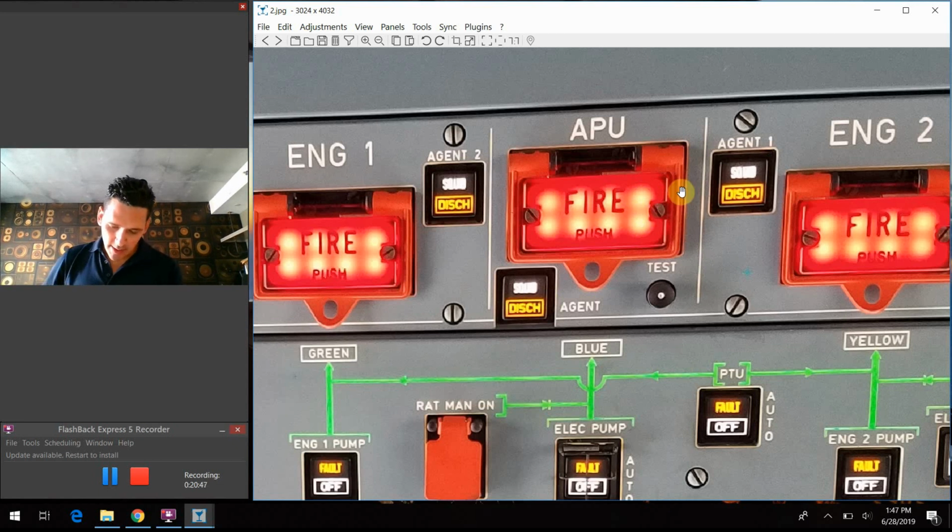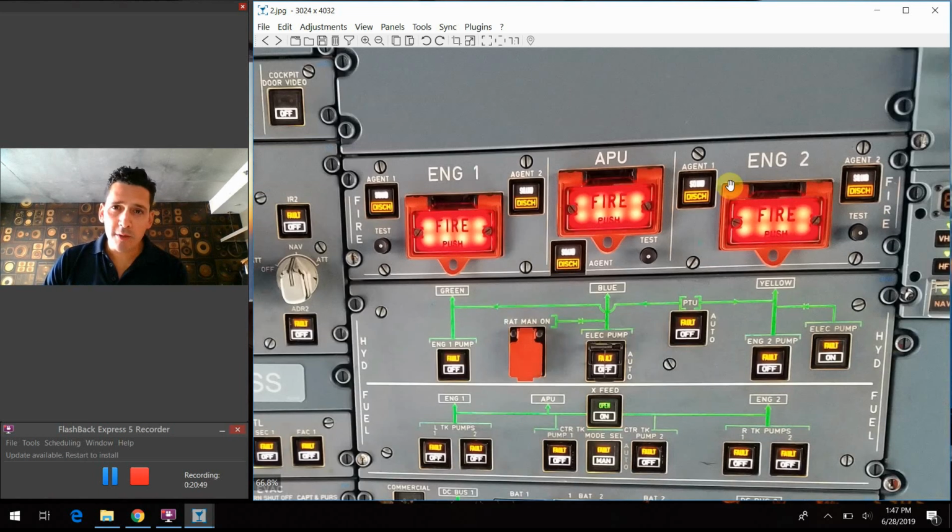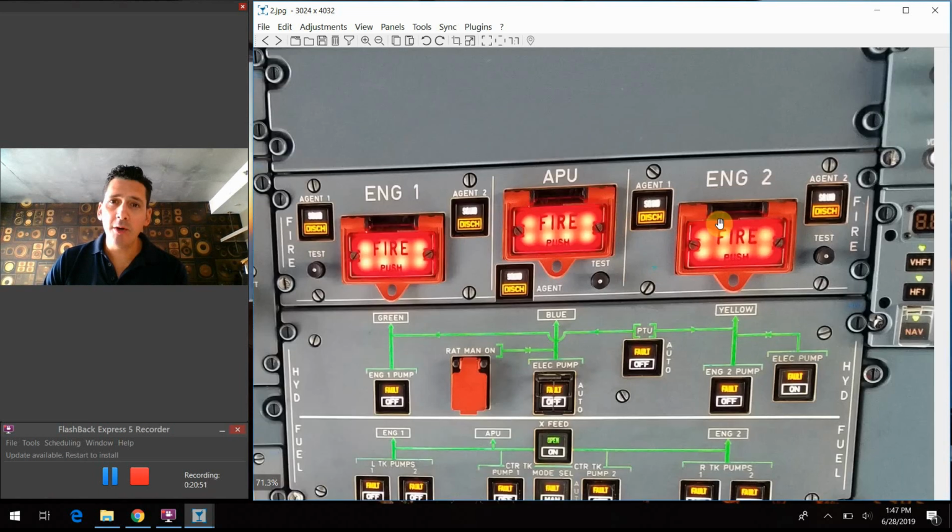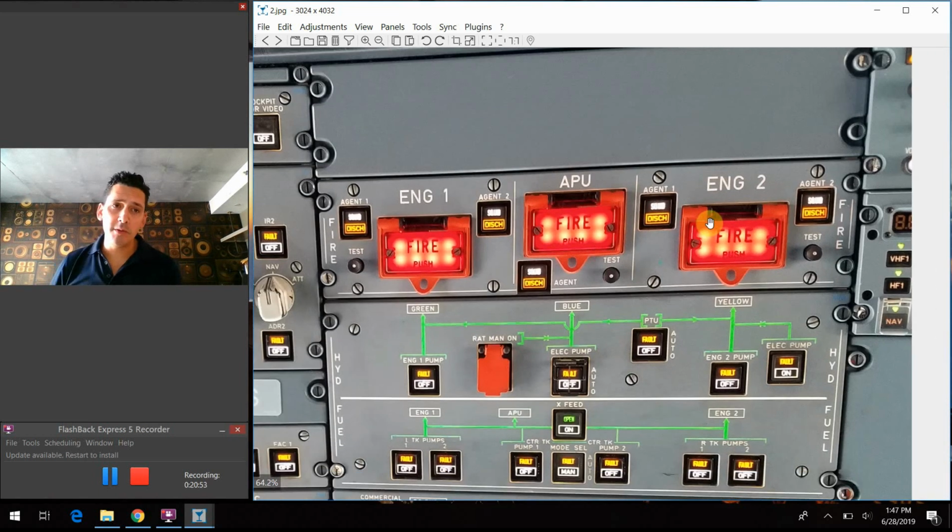One other interesting thing I wanted to point out about the Airbus, and most other transport planes I've flown have been this exact same way, is that the logic makes a lot of sense. The APU is actually very smart.